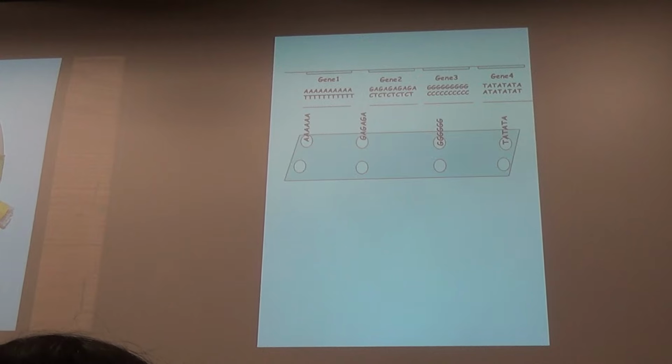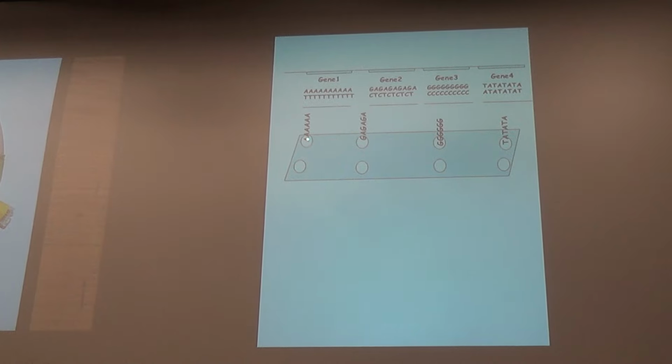So, the key is, take a glass slide. Literally, no kidding, it's a literal glass slide, like the little microscope slides that you have. And on a tiny, tiny pinprick, you stick a probe that is made chemically that is specific for gene 1.